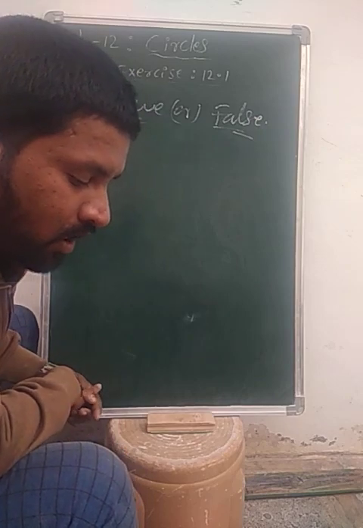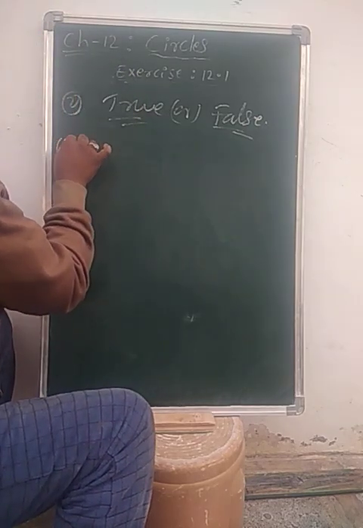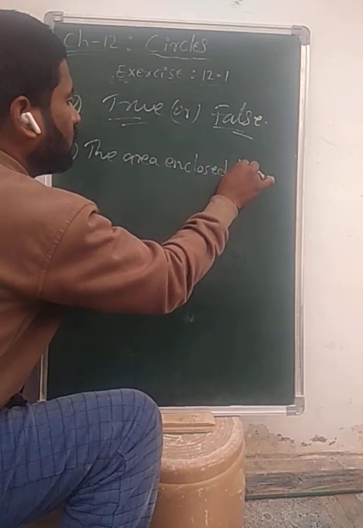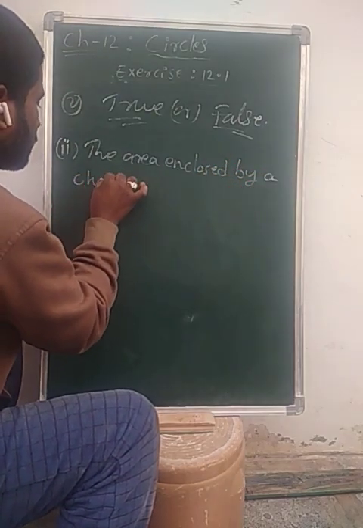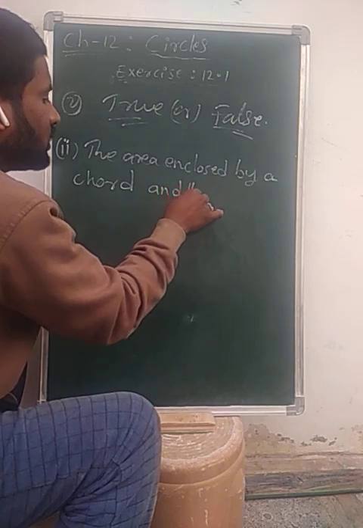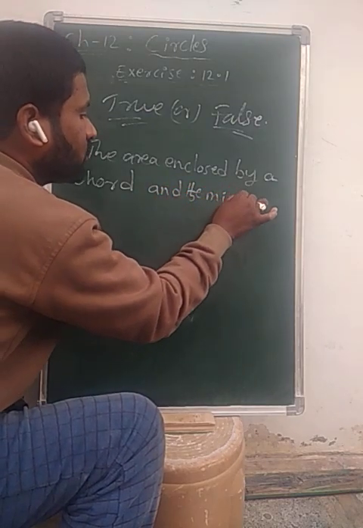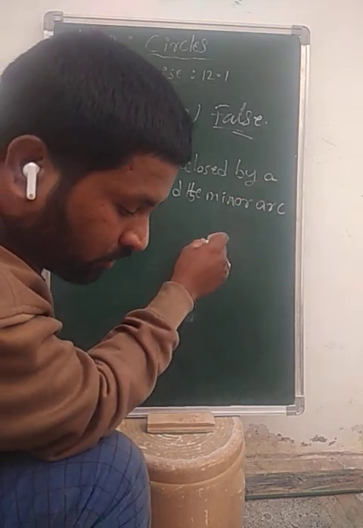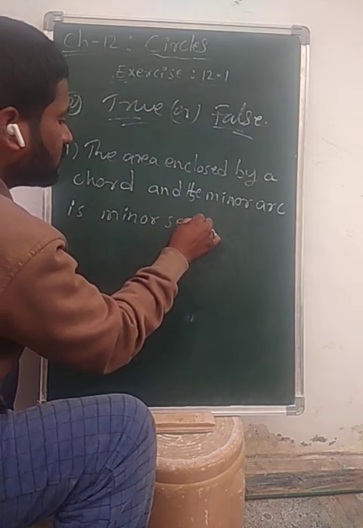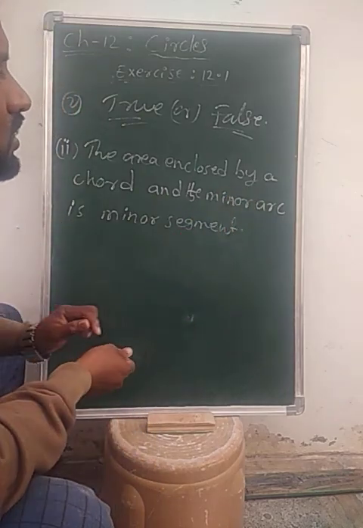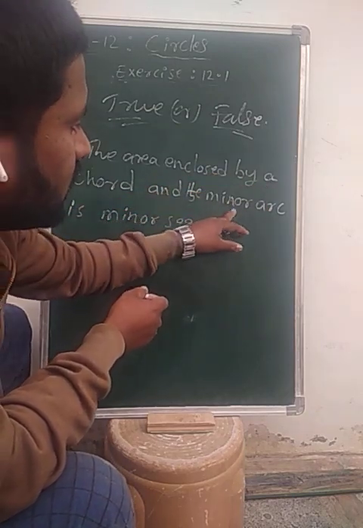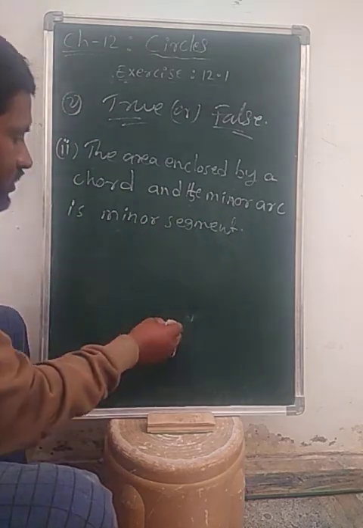The next one: the area enclosed by a chord and the minor arc is a minor segment. Now see the figure carefully.